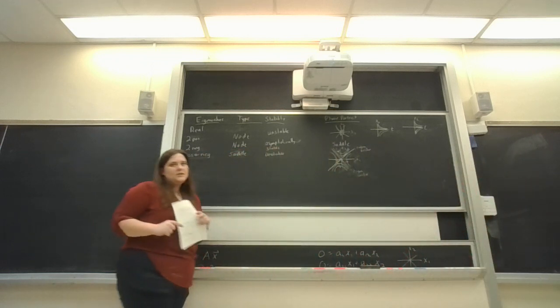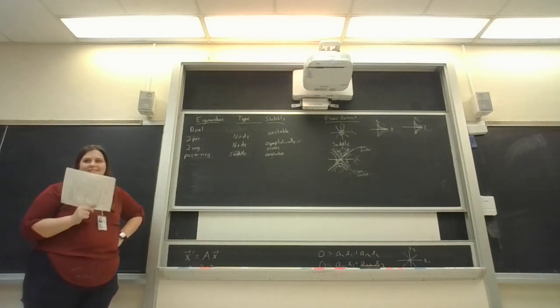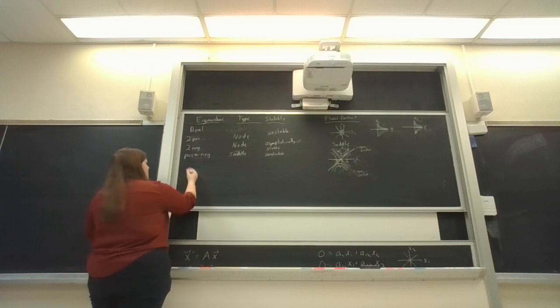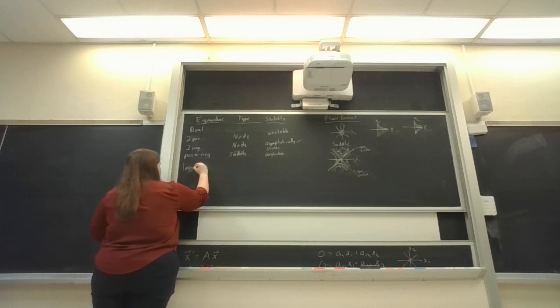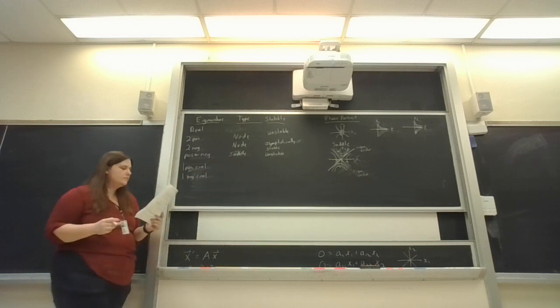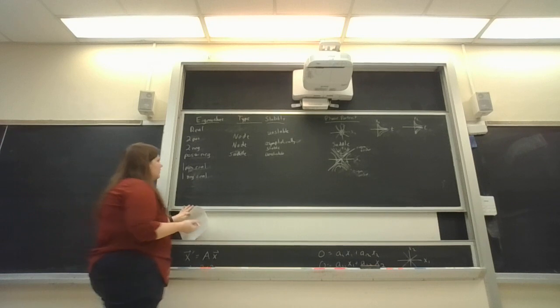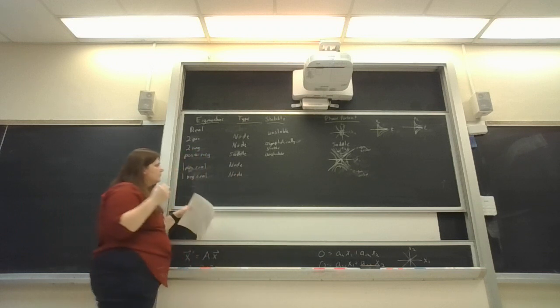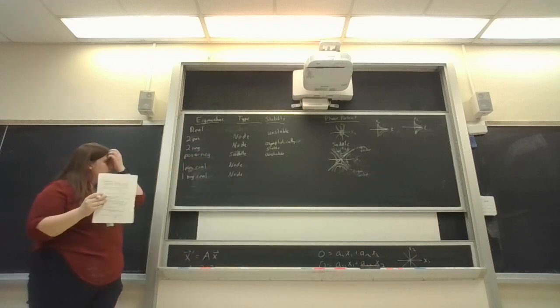What other real combinations am I missing? Repeated, exactly. So you can have one positive real repeated or one negative real repeated. These are both going to be nodes, right?